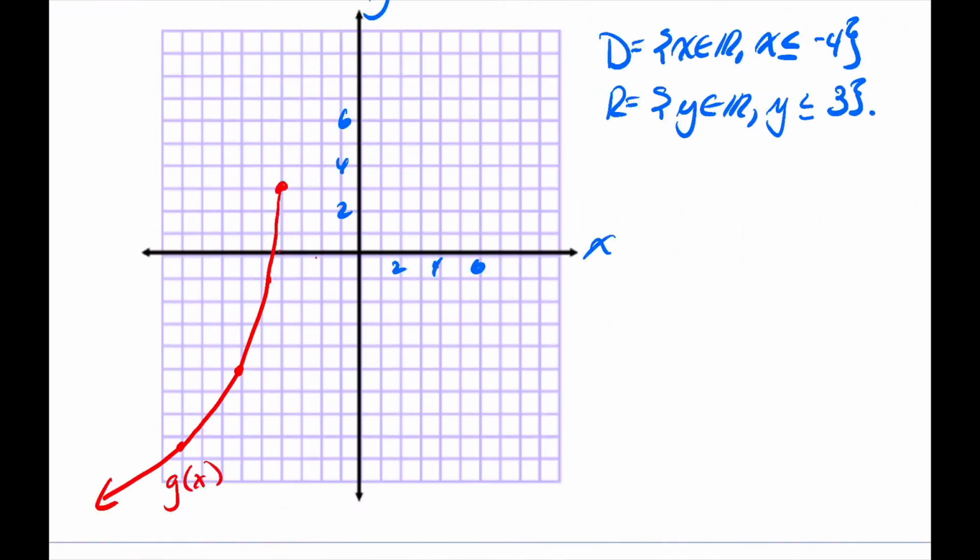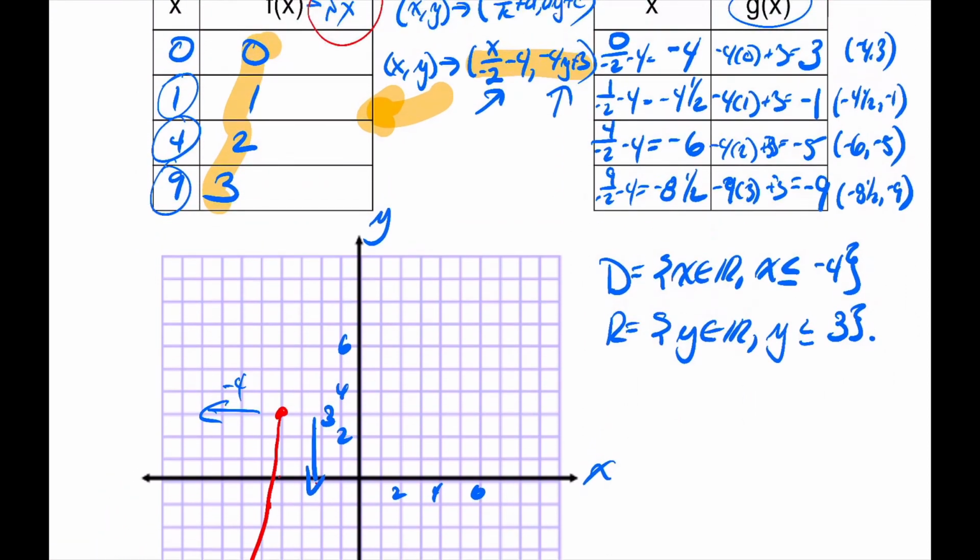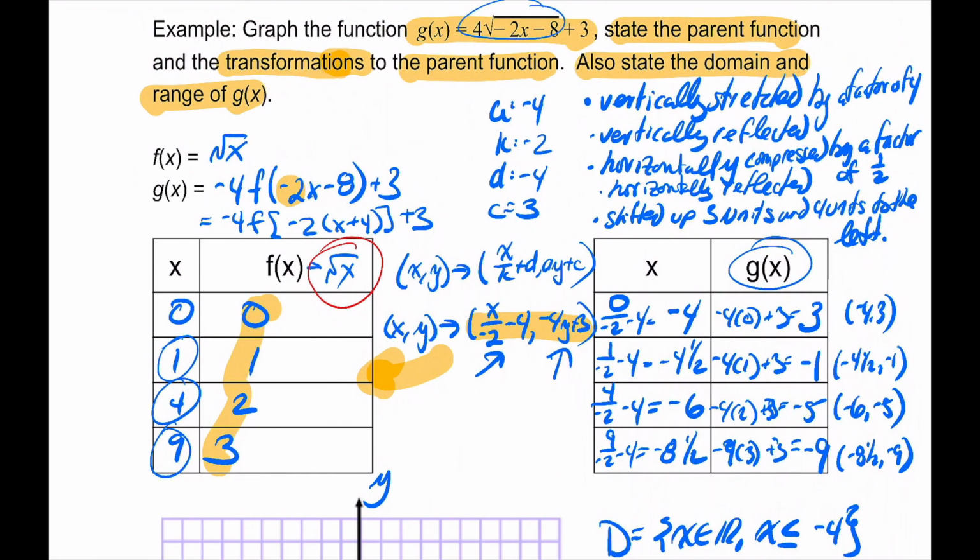We can easily see that from the graph because everything is to the left of -4 and below 3. We could also see this while graphing if we understand our parent function, root x. We know that the domain of root x is x greater than or equal to 0, and y is also greater than or equal to 0.